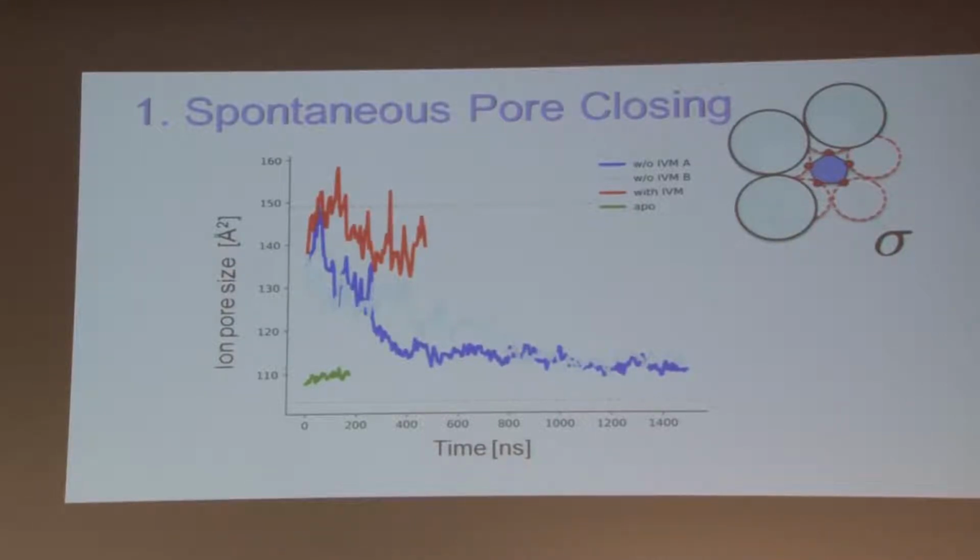They also say that the closing is a slow process, which takes about 400 nanoseconds in the fastest case, and also that this closing is robust to the initial simulation conditions, because we can sample it in two independent runs.